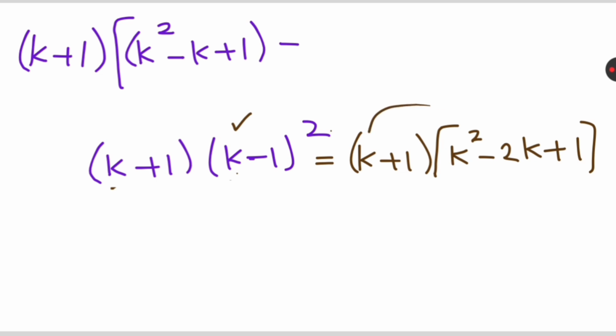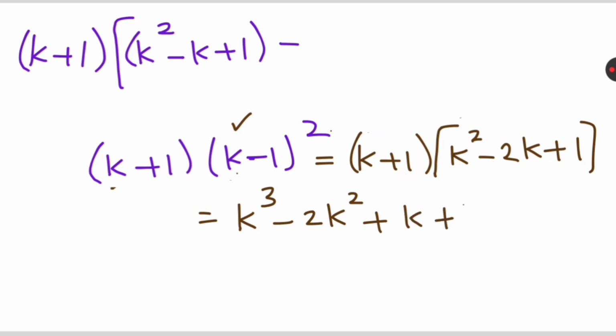Now expand all the terms. k times k power 2 gives k power 3. k times 2k gives minus 2k power 2, plus k times 1 gives k. Now you have to do with plus 1. 1 times k power 2 gives k power 2, minus 1 times 2k gives minus 2k, plus 1 times 1 is 1.